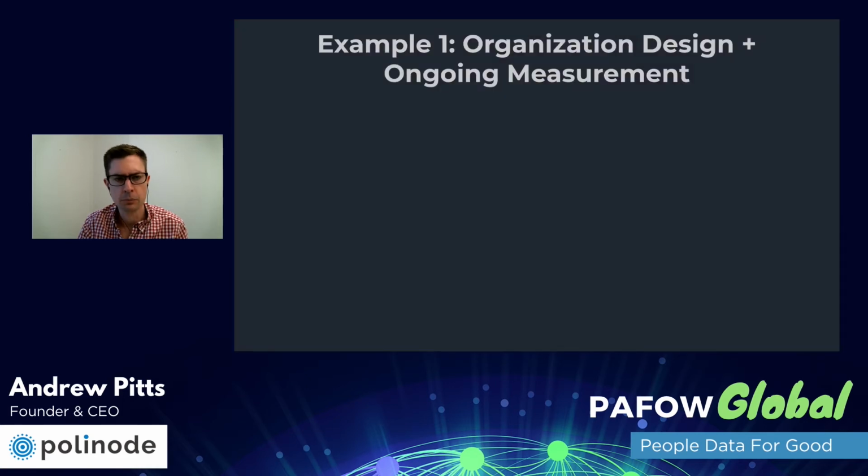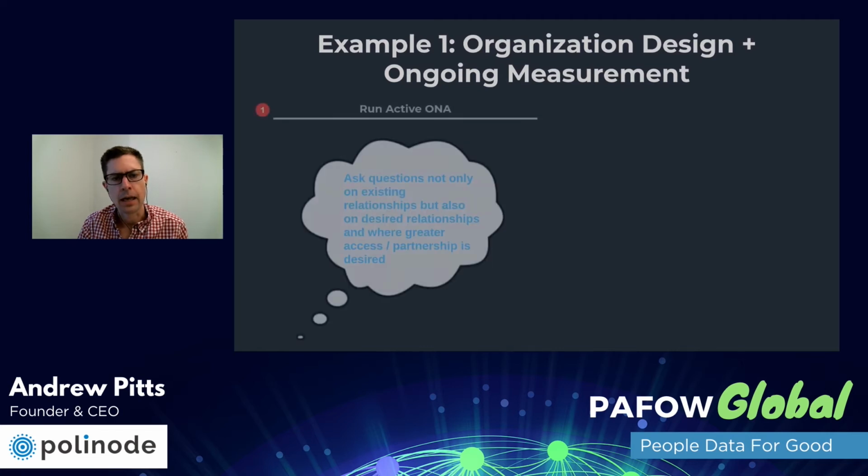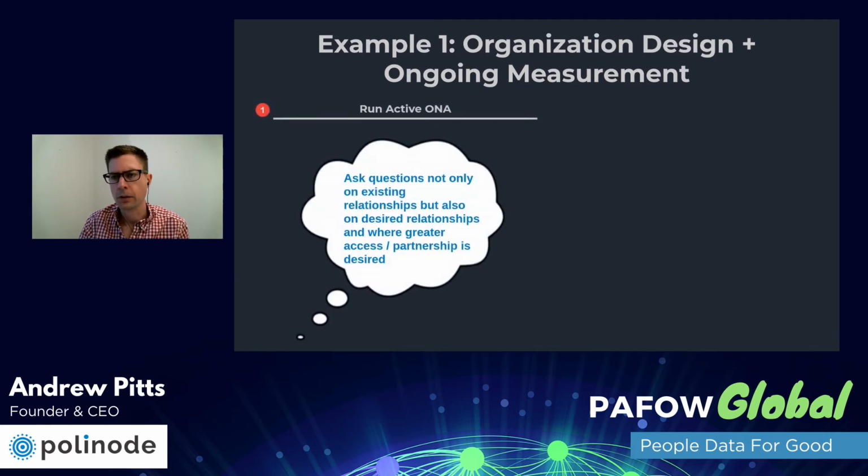So let me give you 3 examples around how we can combine active and passive ONA together. So the first is around organizational design. And so when I've seen organizational design done well through organizational network analysis, it often starts with an active ONA, and it's an active ONA that asks questions not just about what relationships exist, but also what relationships people desire to exist.